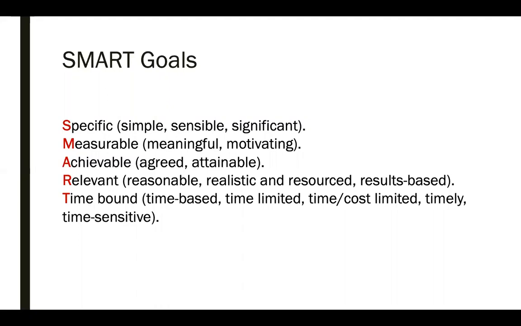Measurable. You can measure this goal by how much or how many, or how will I know when it's accomplished. Achievable, that can be done, and relevant to your organization. And sure, it should be time bounded, that you have to limit a period of time when it starts and when it's finished.